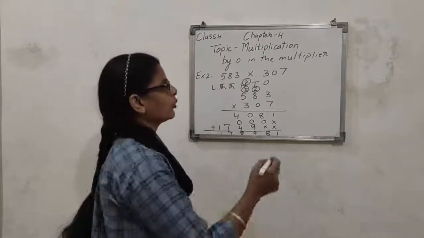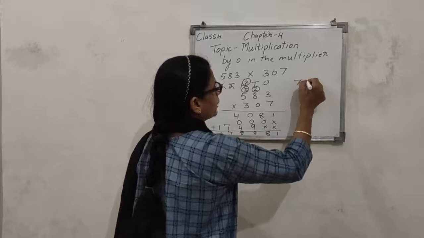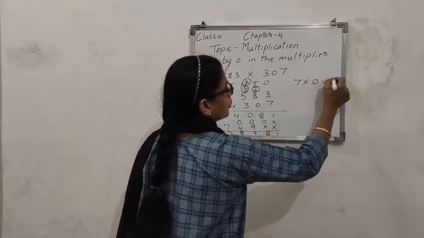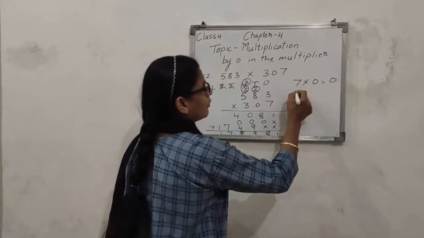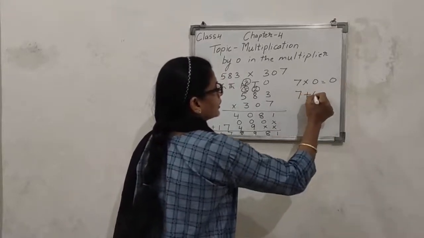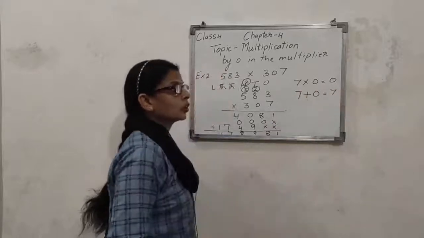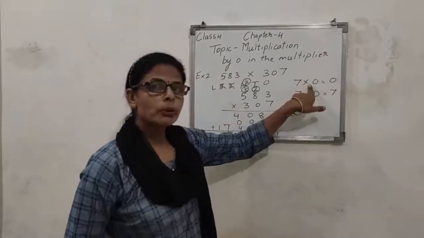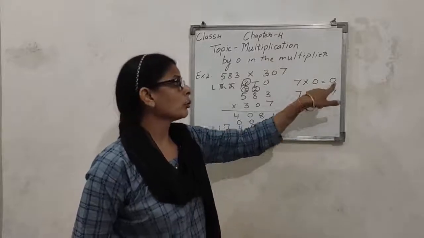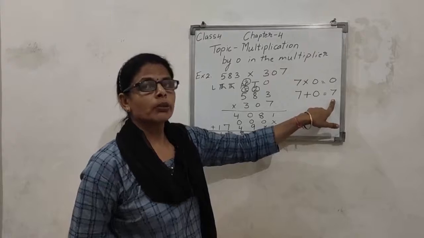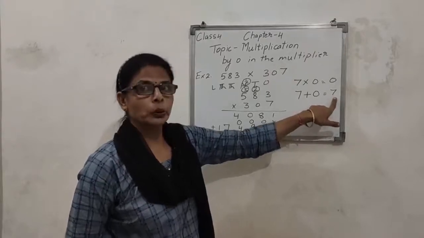Always remember, when we multiply 7 by 0, the product will be 0. But if we add 7 plus 0, the answer will be 7. So when we multiply any number by 0, the product is 0. But when we add 0 to any number, the number will be itself, means 7 only.